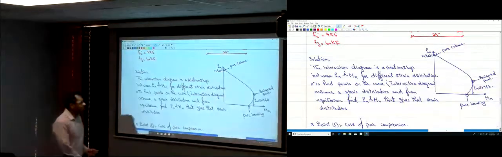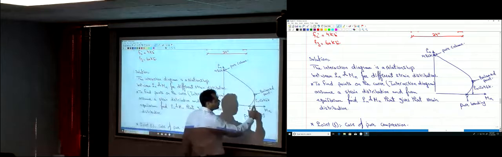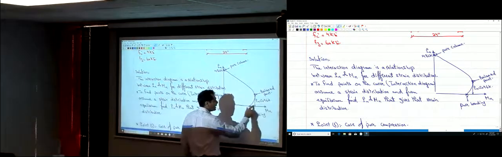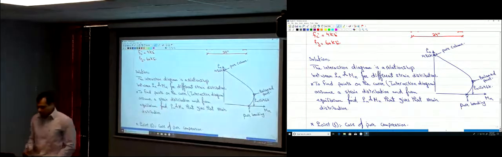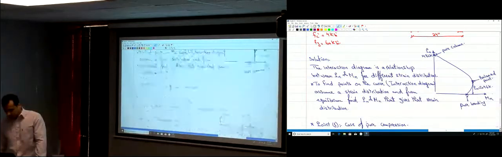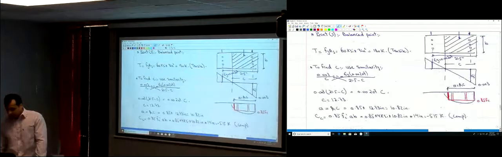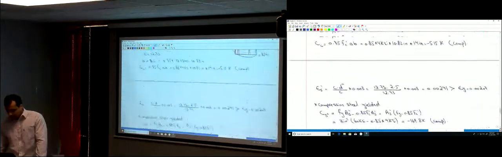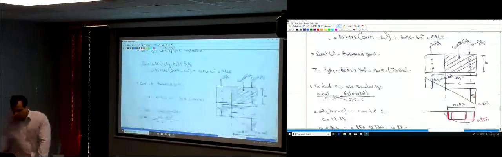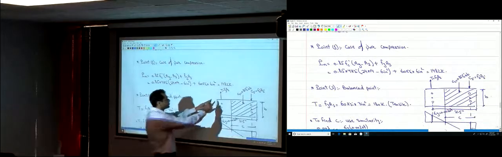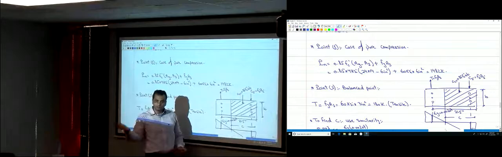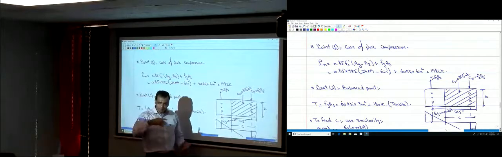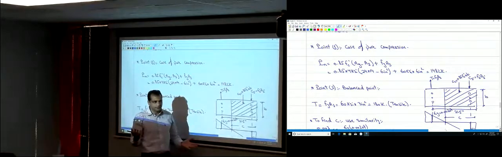But with this normal force of 504 kips, how much is the moment capacity? Okay? How much is the moment? I have those three forces here. The moment of those three forces about any point is equal to the moment of the applied moment on the section, right?